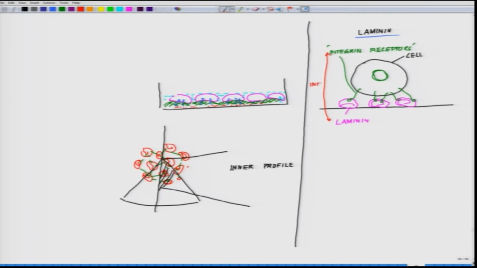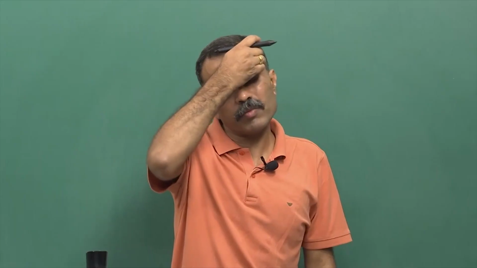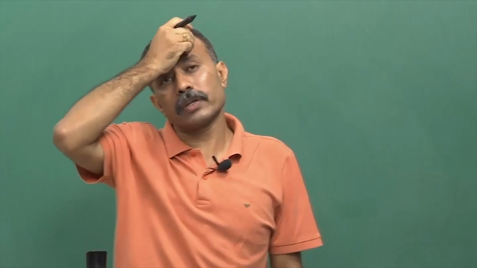Here is the interaction profile. This interaction helps the cells to attach to the laminin surface. But it is interesting, laminin by itself is a very tricky molecule to adhere to the surface of the glass.